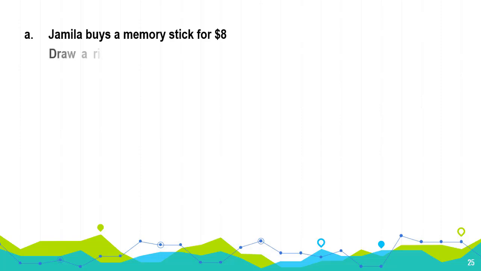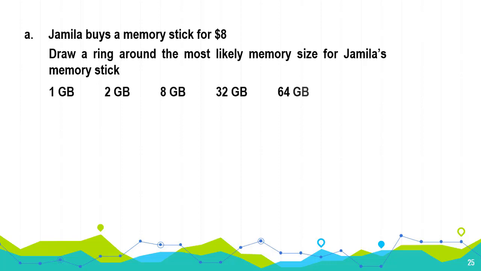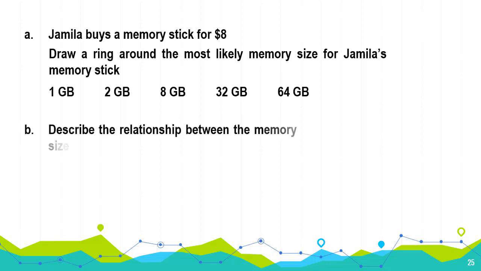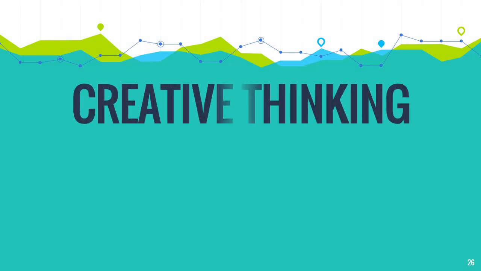Draw a ring around the most likely memory size for Jamila's memory stick. B. Describe the relationship between the memory size and cost of the memory stick. Creative thinking.